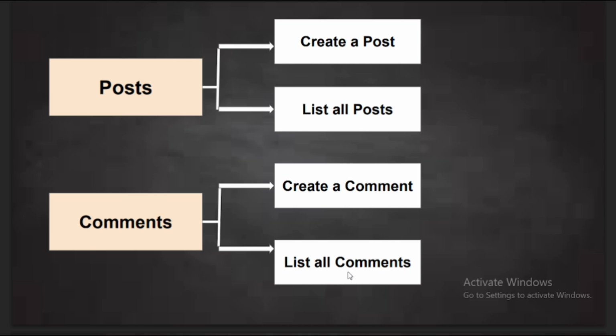Also, listing all comments has a dependency inside listing all posts, where the comments that we are retrieving need to be tied to the actual posts that we are retrieving as well.